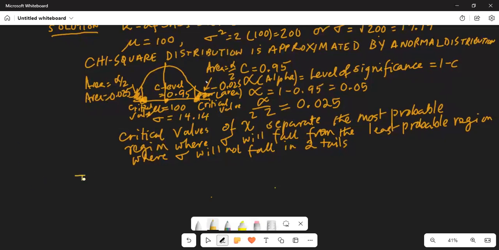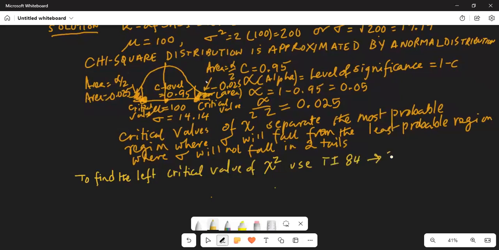To find the left critical value of chi-square, use the TI-84. How do I do that?